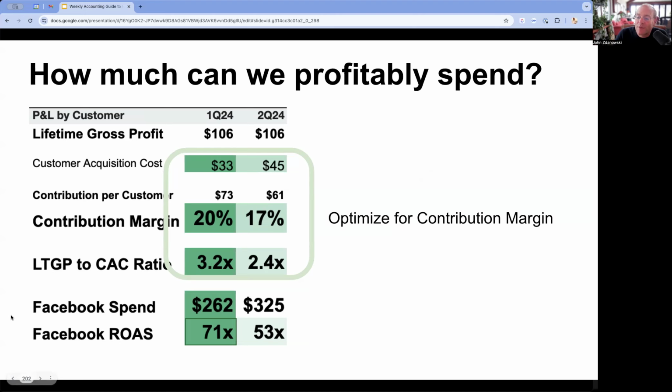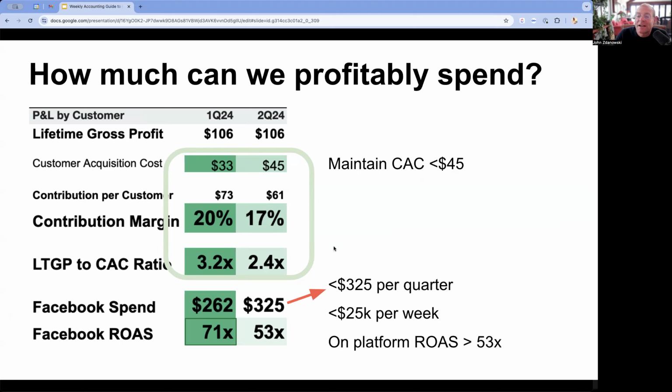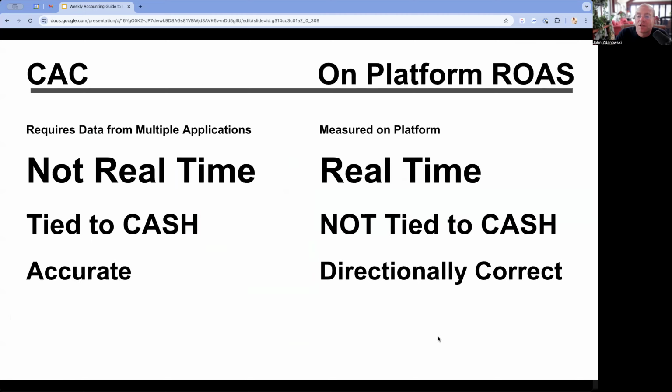So if we want to optimize for contribution margin, then we would maintain a customer acquisition cost of less than $45. And we were able to do that when we were spending $325,000 per quarter. So that means you should spend less than $25,000 per week and maintain an on-platform ROAS greater than 53. So here's how CAC and on-platform ROAS relate.